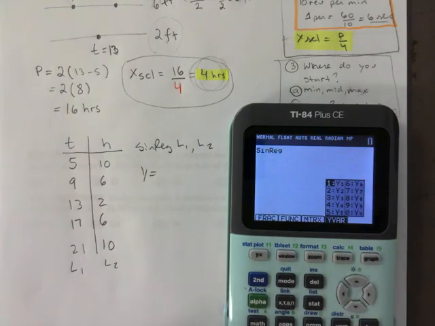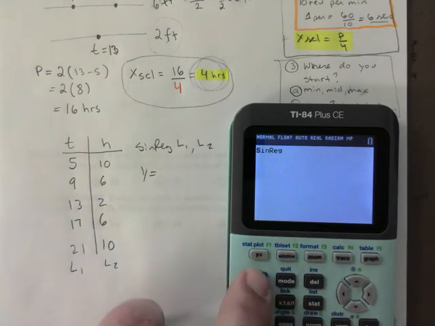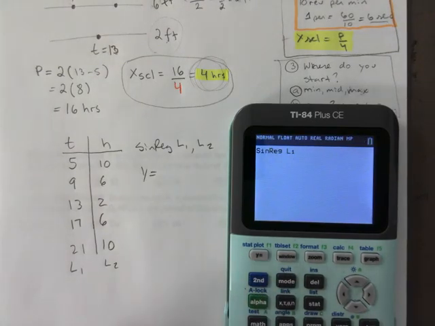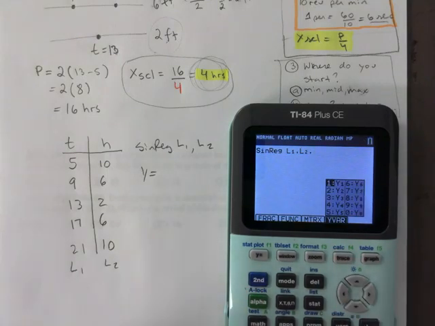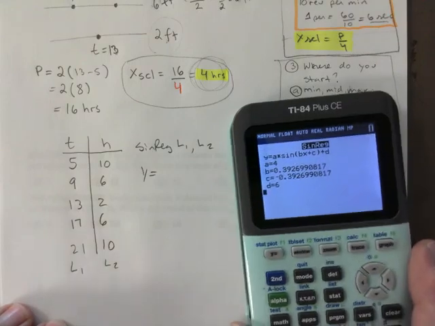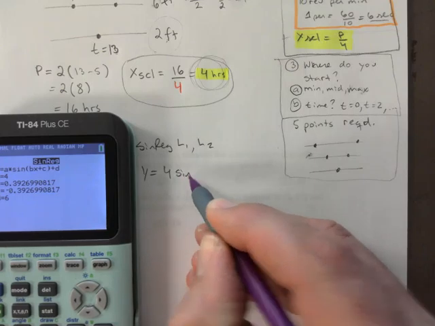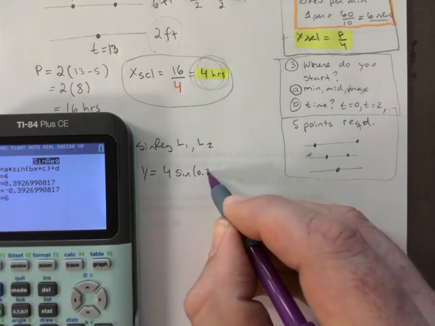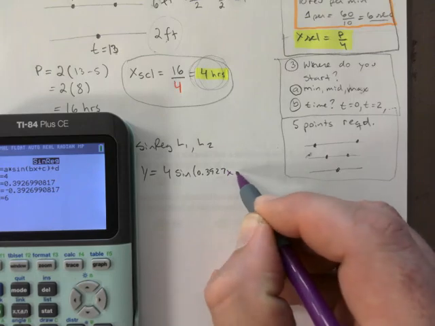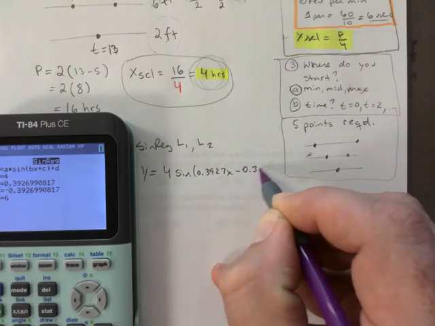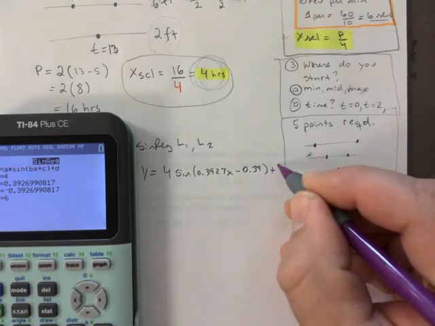Alpha, trace, sorry, not yet. Second 1, comma, second 2, comma, alpha trace, enter. There you have it. 4 sine of 0.3927x minus 0.39 plus 6.